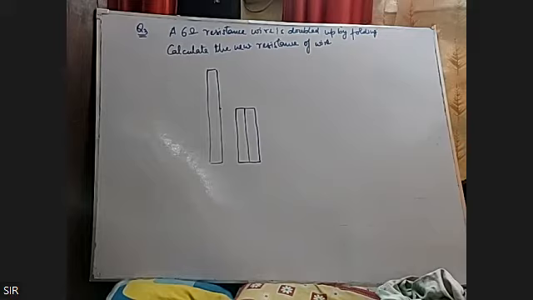So double by folding means only the length will get doubled. No, Gauri, length will get half. Cross-sectional area will go double.